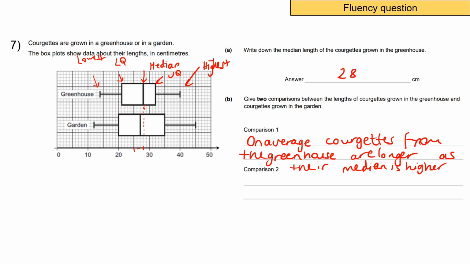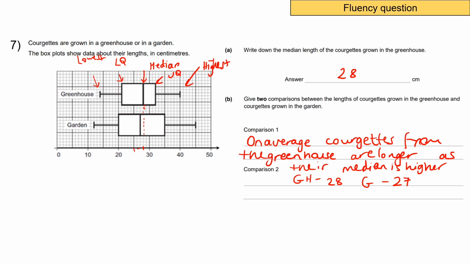And what you could do is you could just write down what the difference is between the medians. So you've got 28 and 27. So the greenhouse, I'm just going to write down GH is 28 and the garden is going to be 27. Okay, so you could just write down the comparison there as well.